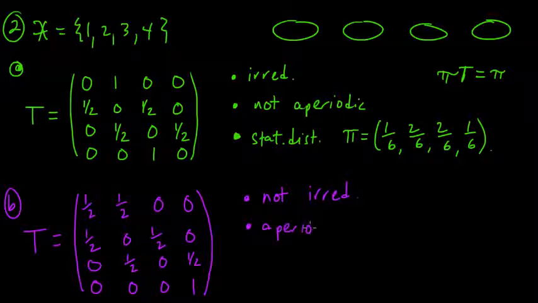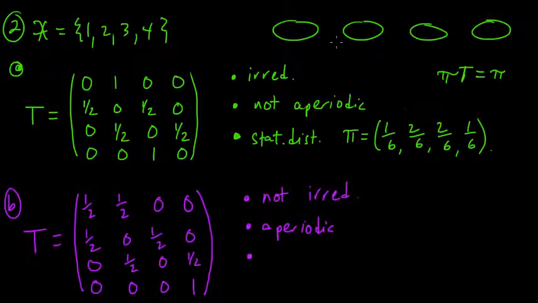On the other hand, it is still aperiodic. It's pretty easy to check. At 4, you stay at state 4, so those are 2 consecutive times. And for the others, if you go to 1 and then either just go back, so like if we're here, we go 1, 2, 3, 4 steps, or 1, 2, 3, 4, 5 steps. Both of those paths have positive probability, and those are 2 consecutive times.